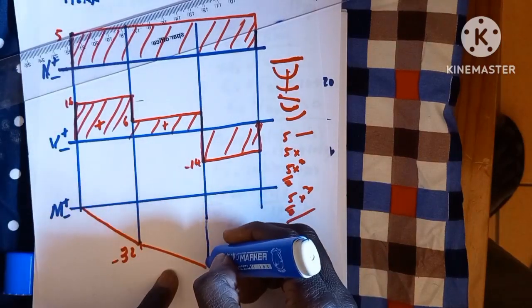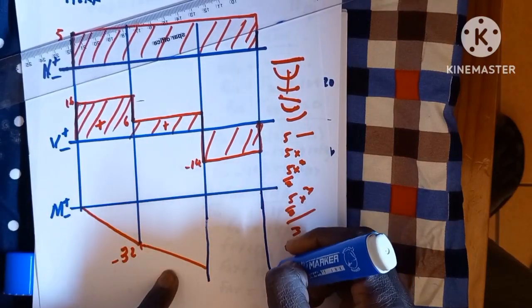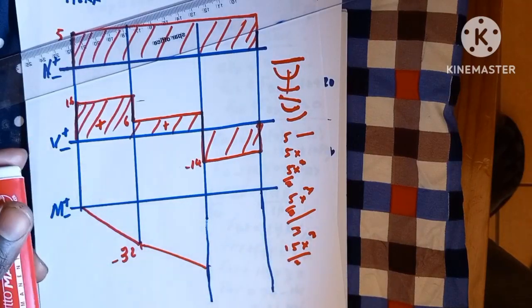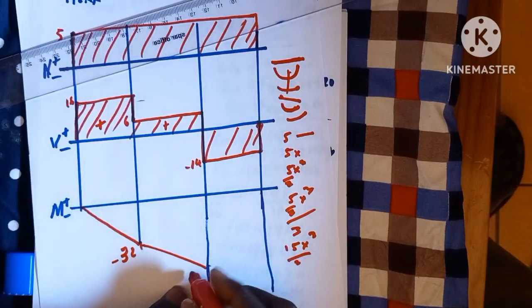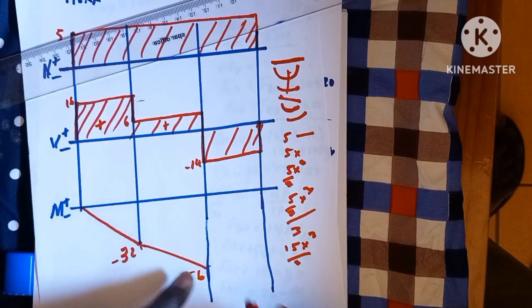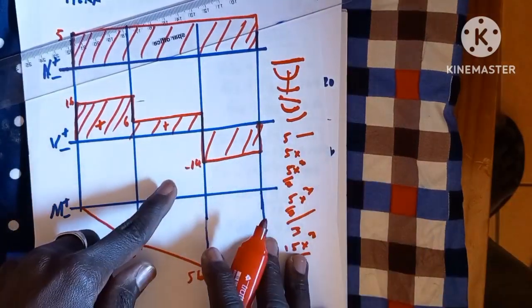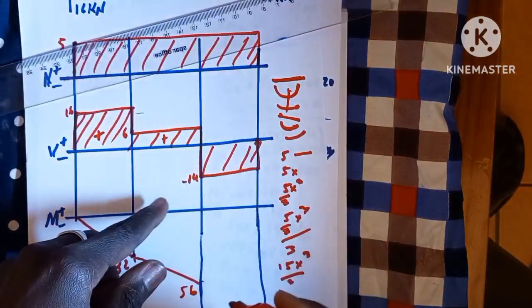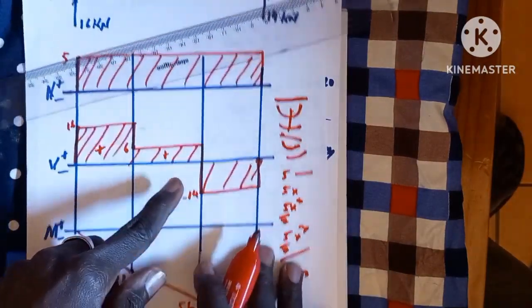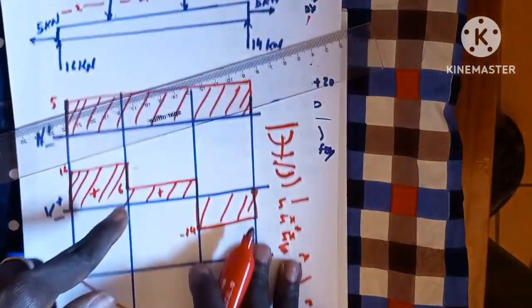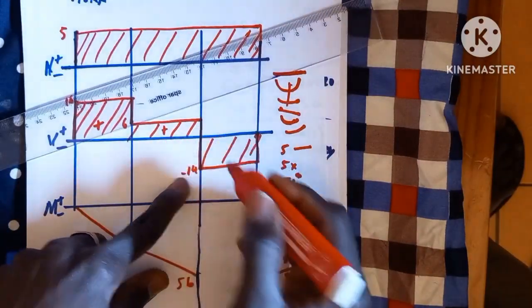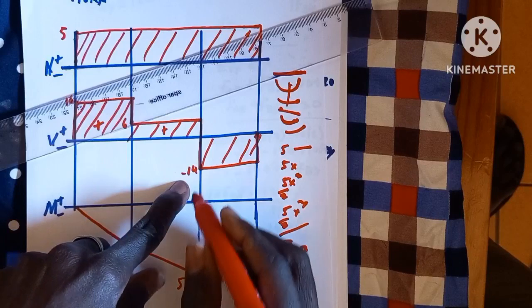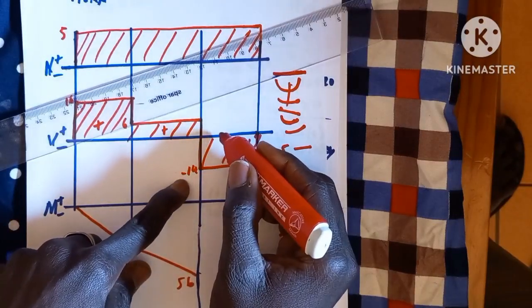Let's go ahead and continue. This one continues down here. Continue 56 units here. We have 56, 56, right? And now we have this section, which is 14 units as the height. The base here is also 4 units, right? So 14 times 4 is going to give us 56 as well, right?